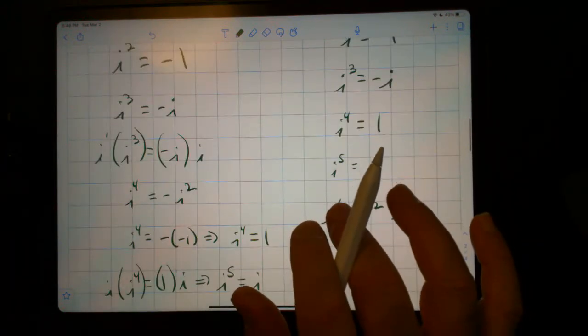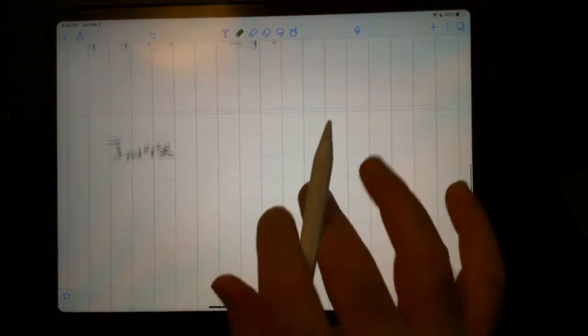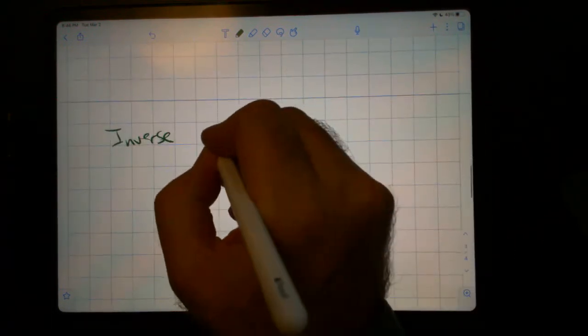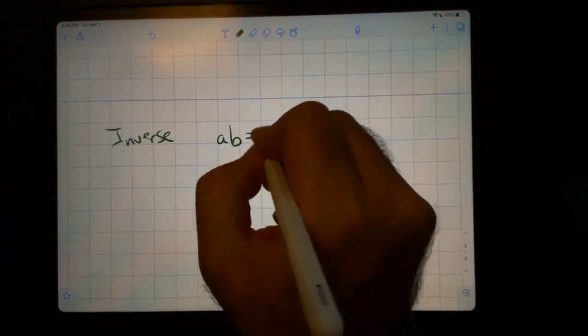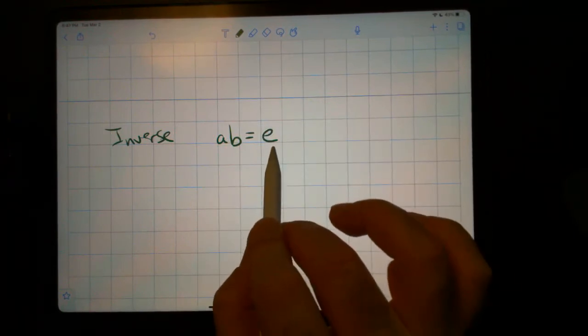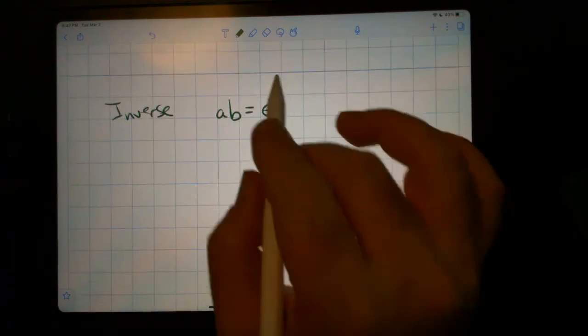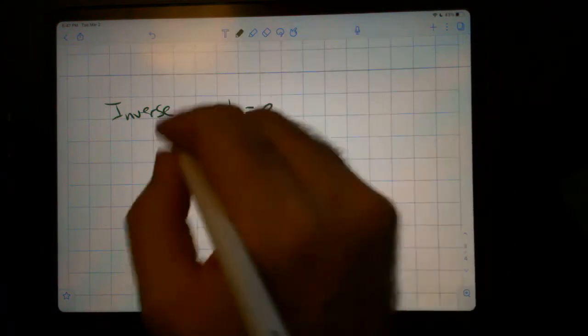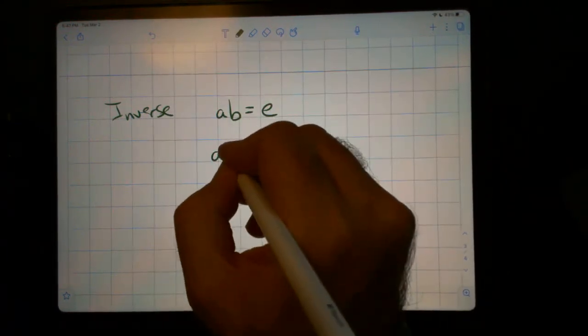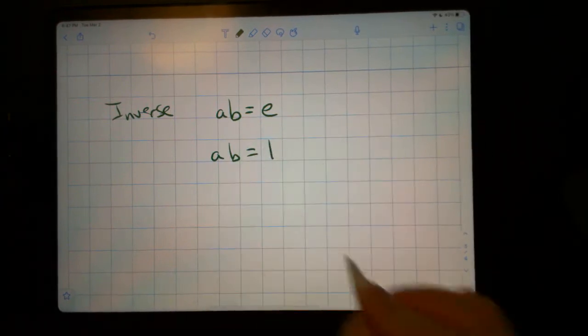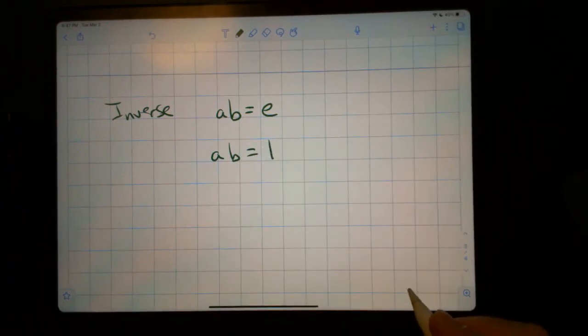This is a multiplicative group. And in a multiplicative group, we have A times B equals E, and we call E the identity because there are an infinite amount of different multiplicative identities. In this one in particular, we have two elements that give us a product that equals 1.